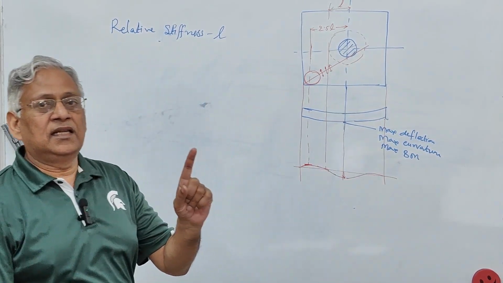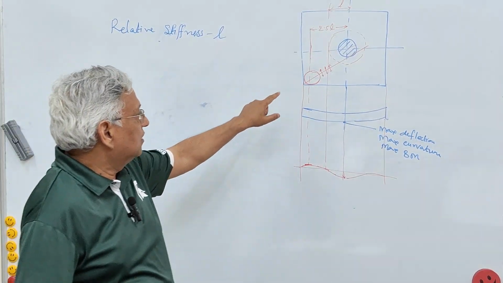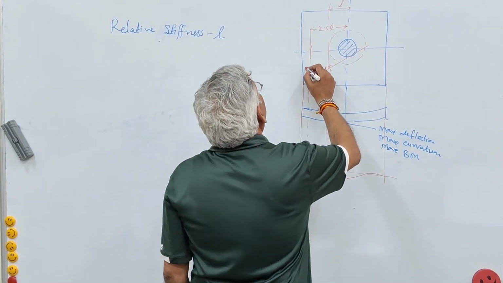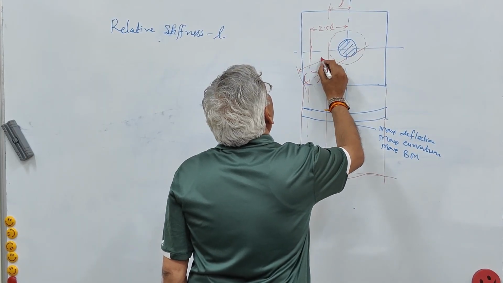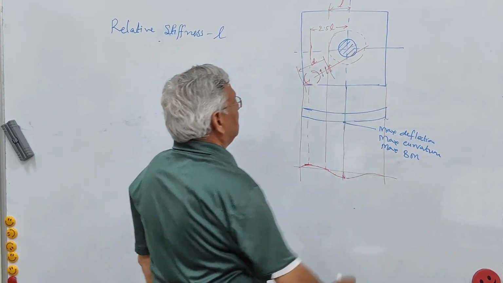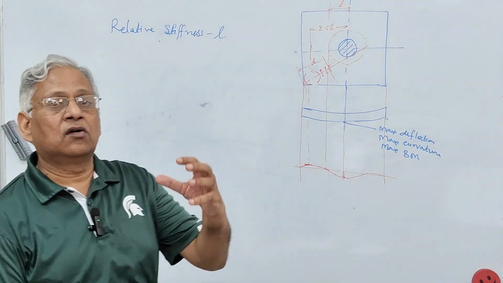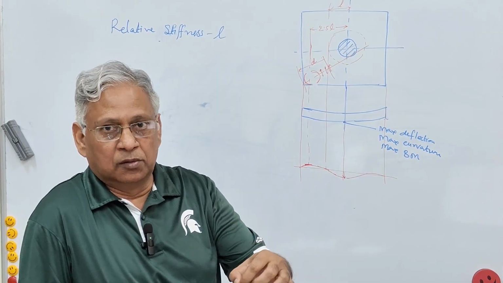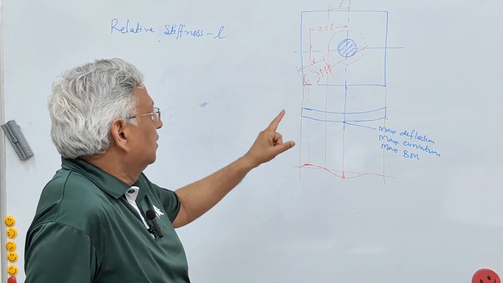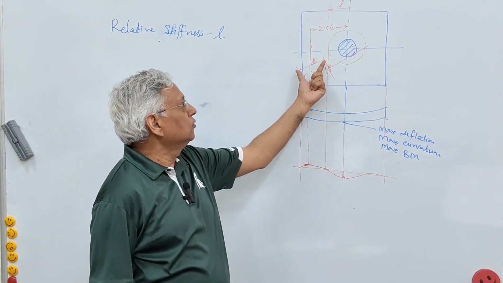Maximum tensile stress because of load at the corner will occur at a distance equal to D. I will tell you this distance. It does not occur at the point where load is applied or below the load, but at a distance equal to D.